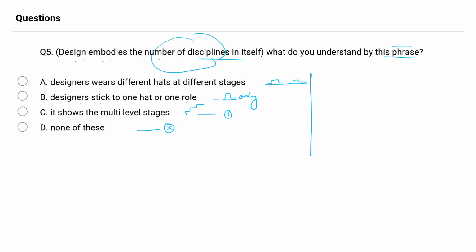A designer wears different hats at different stages. Lets one stick to one hat. Shows multi-level stages and none of these. It's okay. I mean, we are not marking anyone. We are not giving you marks for this. It's more like, I think C. I will go with C also.